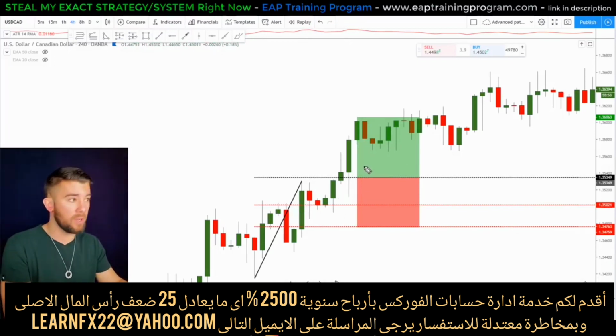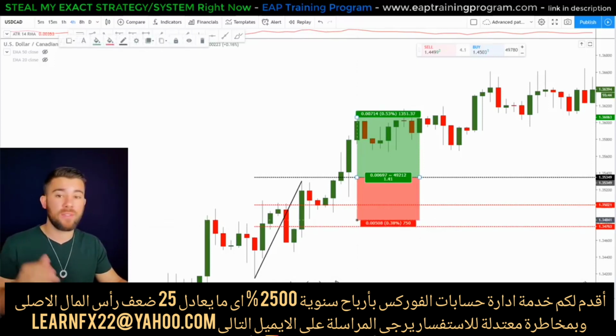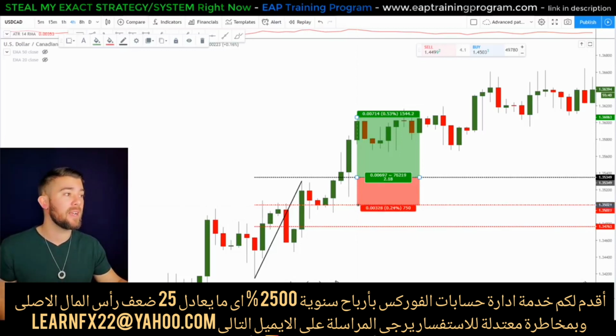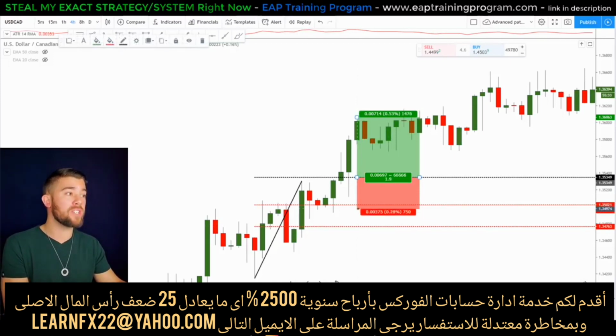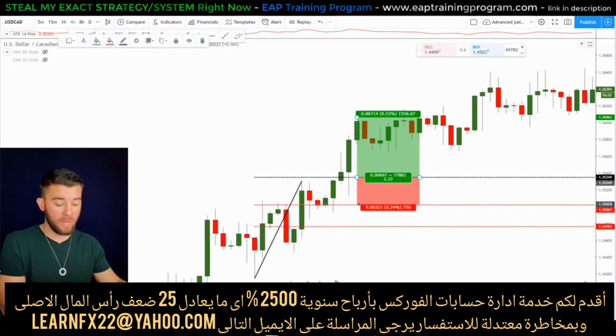Now, if we do a stop loss 1 ATR below our entry candle, what we end up with is this stop loss at our red line right here. And what that does, even if we keep the target at the same exact spot, is increase our risk reward from a 1.2, obviously, that's what we were talking about, to a 2.2.